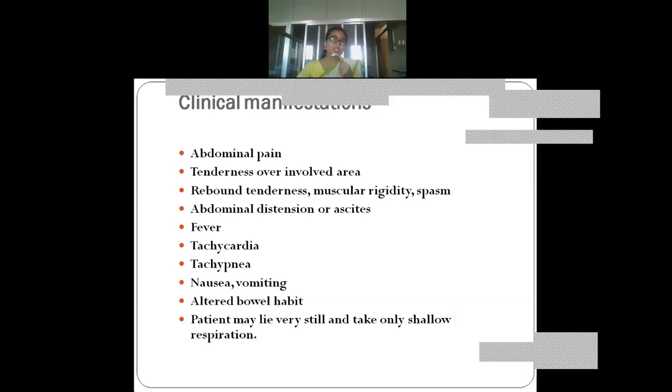When you give pressure and palpate the abdomen, the patient will not be having any tenderness. But as soon as you remove your hand from the client's abdomen, the patient will have tenderness. That is termed rebound tenderness. Are you clear? Okay, ma'am. Thank you, ma'am.